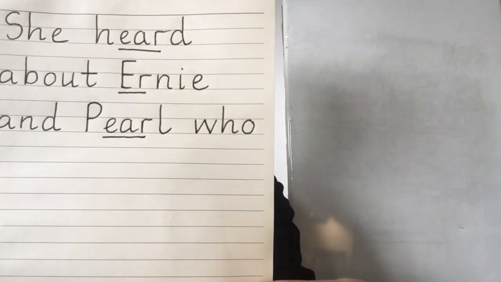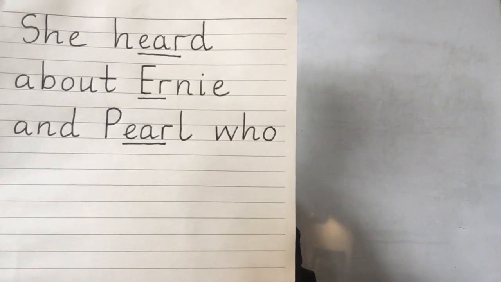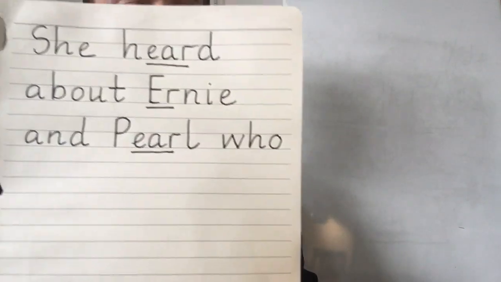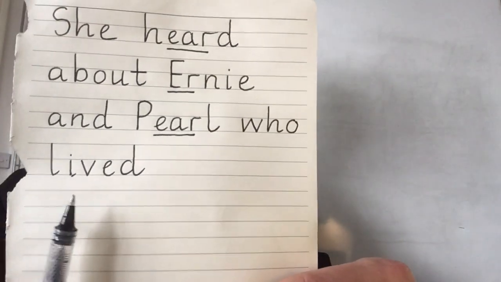W-H spelling of who, O spelling of oo. She heard about Ernie and Pearl who lived. Good. Say the sounds, right. Lived. And we've got, ready to go, we've got lived.